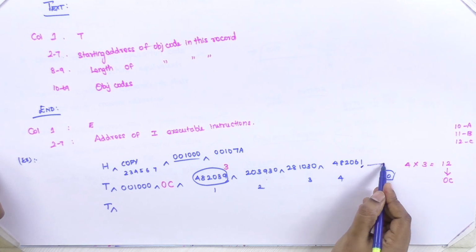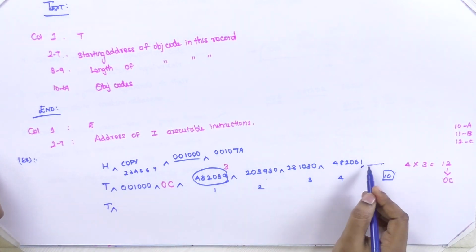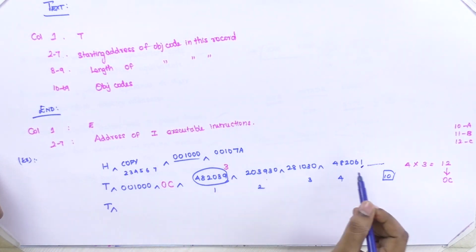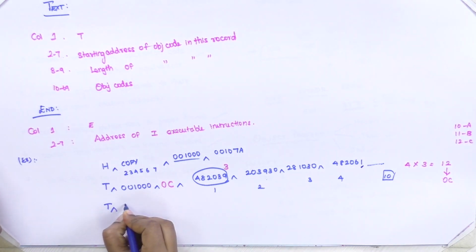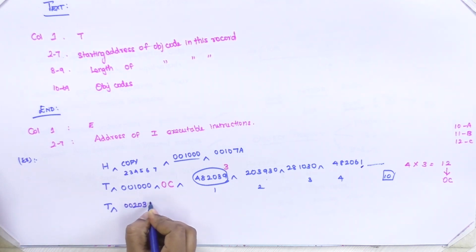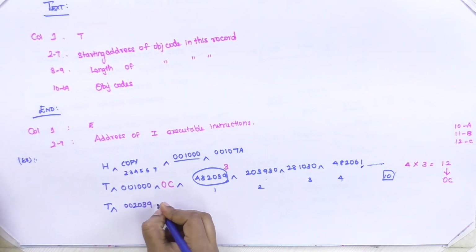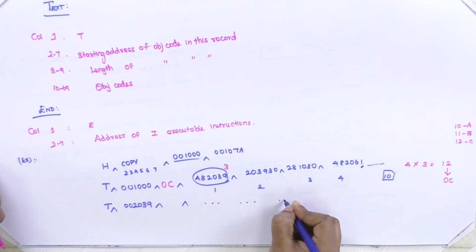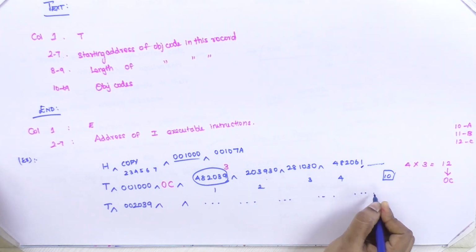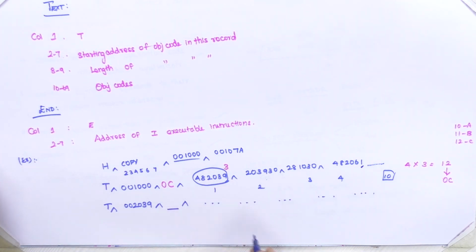The next object code will start at some other position that is represented in the location counter value. You have to write that here. For example, if the next address is 002039, you have to mention it here. Mention the starting address of the object code, then the object codes, then find the length and represent it here.